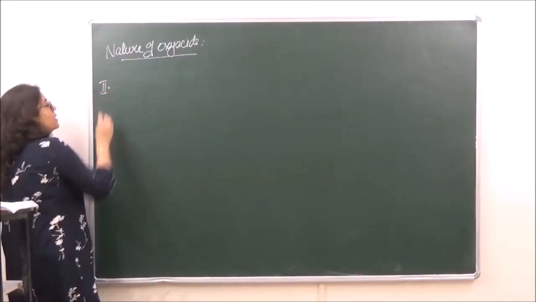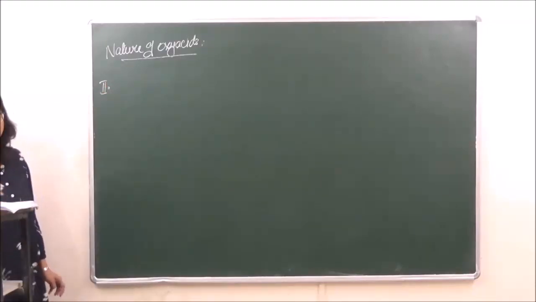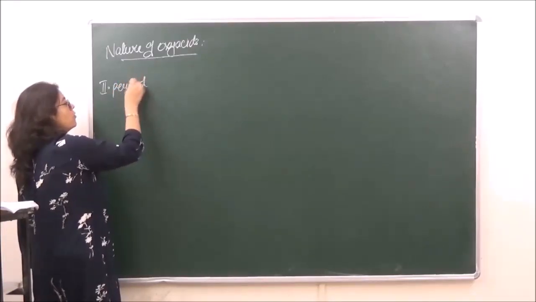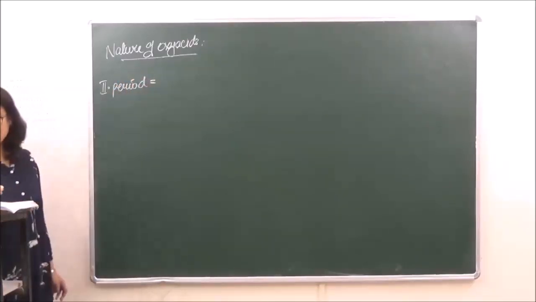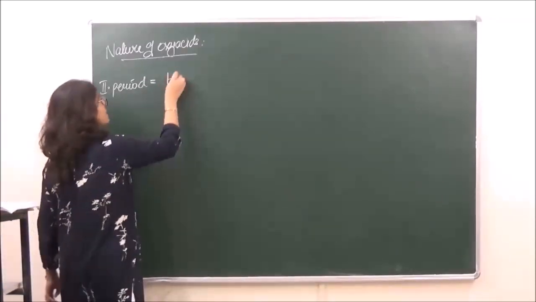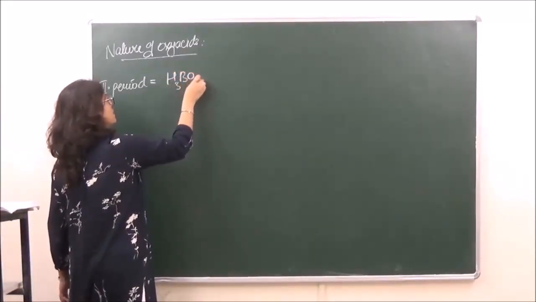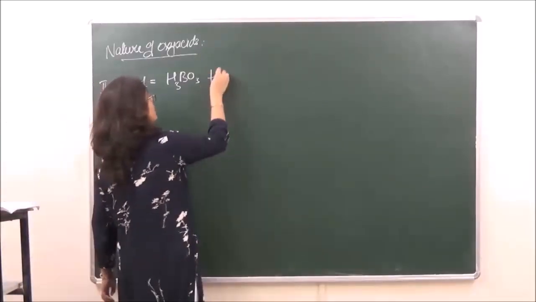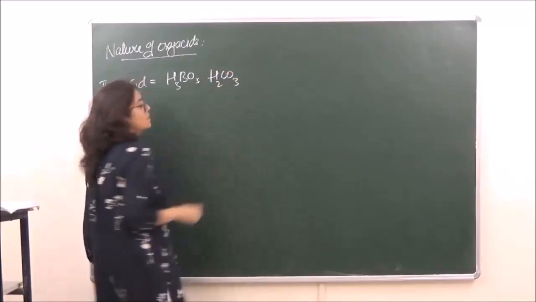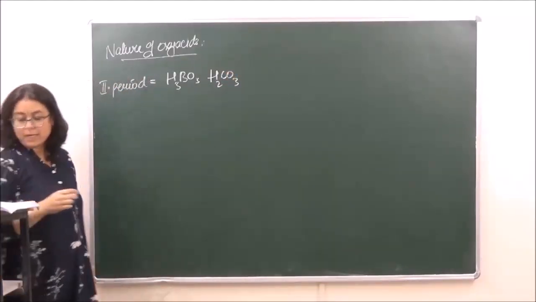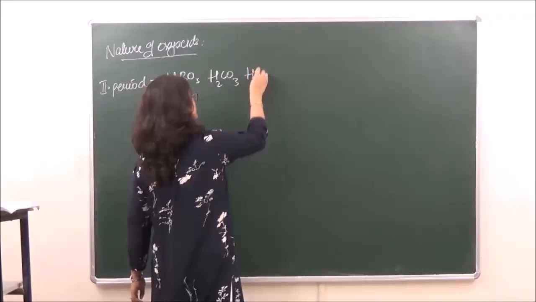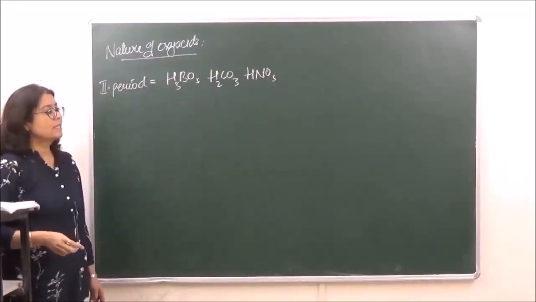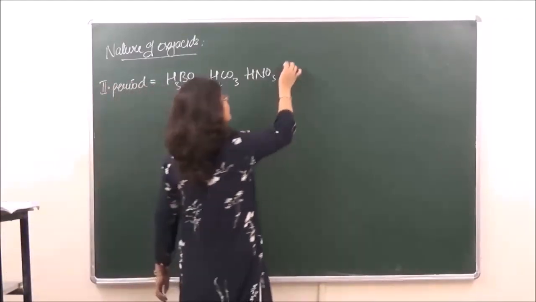For example, if you're talking of the second period, it forms the following oxyacids. The first one, that is H3BO3. The second one is H2CO3. Okay? And the third one is HNO3. Now we are going from left to right. The acidic strength is going to increase.